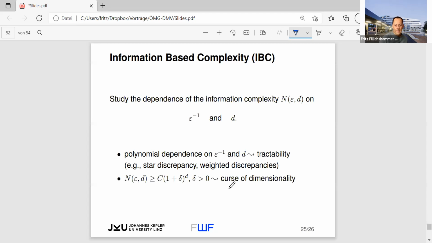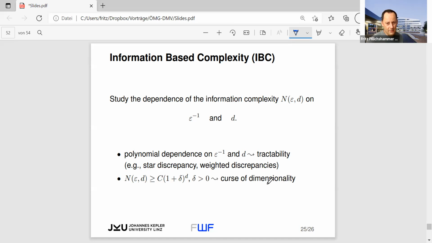On the other hand, if this information complexity grows faster than exponentially in the dimension, then one says that the discrepancy suffers from the curse of dimensionality. Also, of course, a disadvantage. That's a property that we don't want to have.